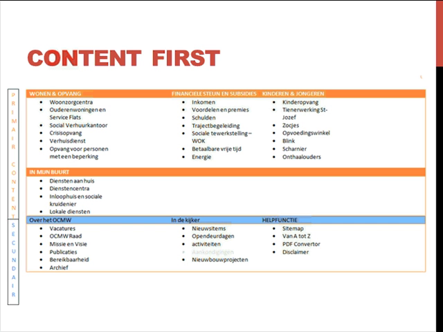And this is actually the content for an application for social services here in Belgium. The first thing you do is make an inventory of everything that the application needs to contain content-wise. And you build that inventory without adding categories, without adding any hierarchy. Just make one list of everything that needs to be in there.